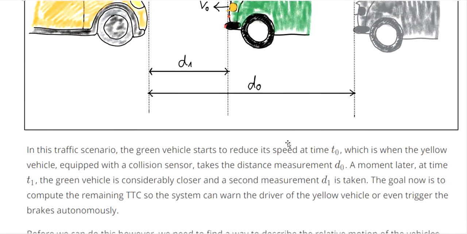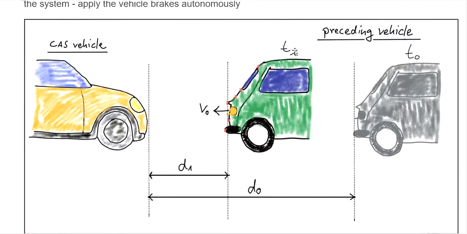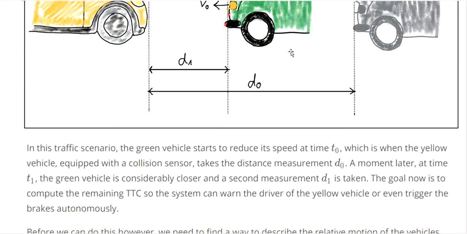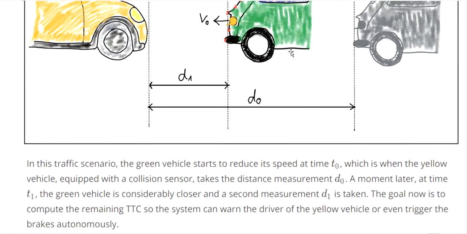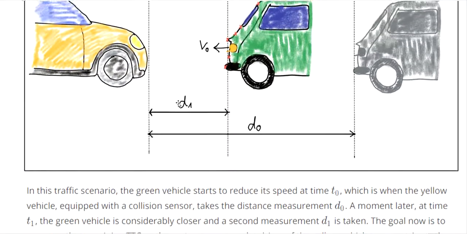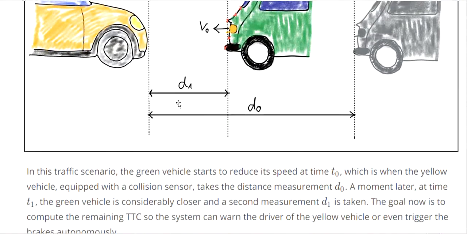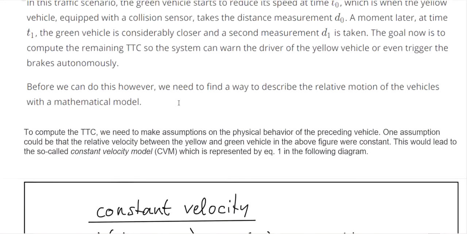A moment later, at time t equals 1, the green vehicle is closer, and a second measurement d1 is taken. The goal now is to compute the remaining TTC, time to collision, so the system can warn the driver of the yellow vehicle or trigger the brake autonomously.